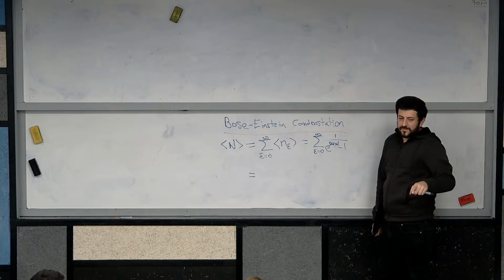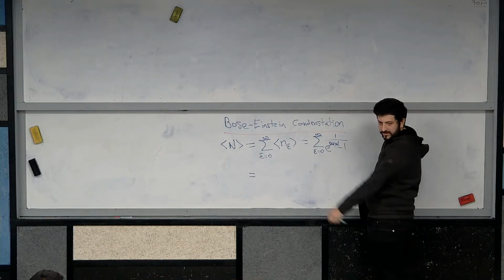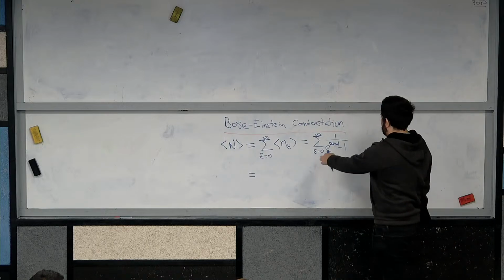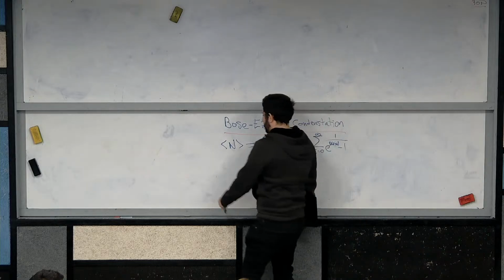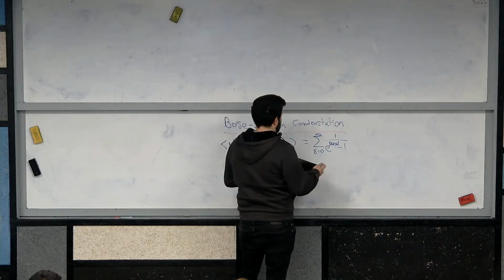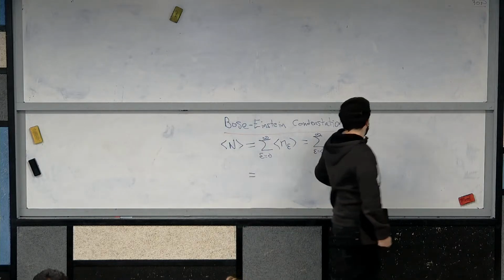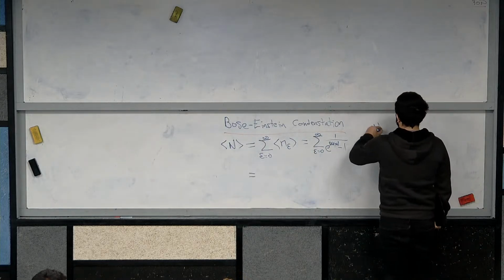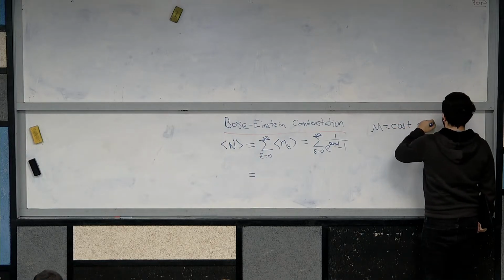Okay. Epsilon is a function, so at some point we will get it, but this is bigger when mu goes to 0. In other words, what is mu? Mu is the cost of adding a particle to the system, right?